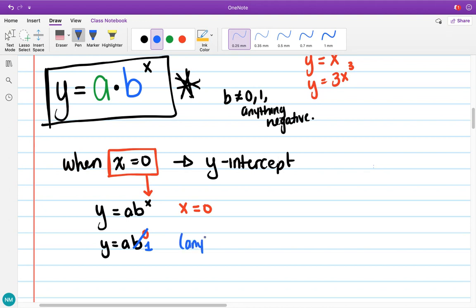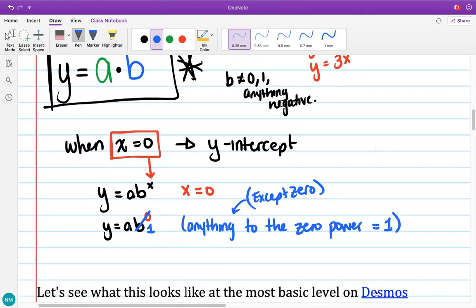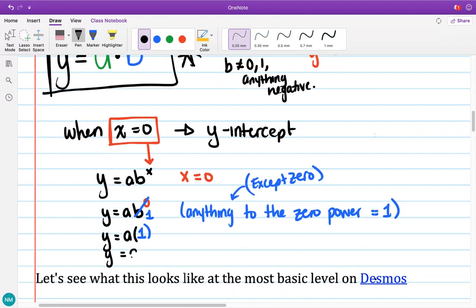I'm going to write that here: anything to the 0 power equals 1, except 0. 0 to the 0 power is undefined. So a times this becomes a times 1. And so y equals a times 1. What is a times 1? A times 1 is just y equals a.